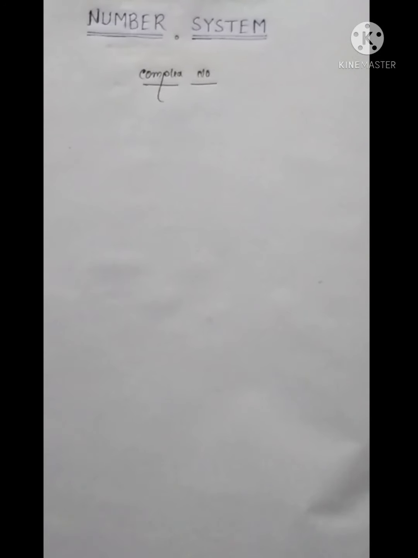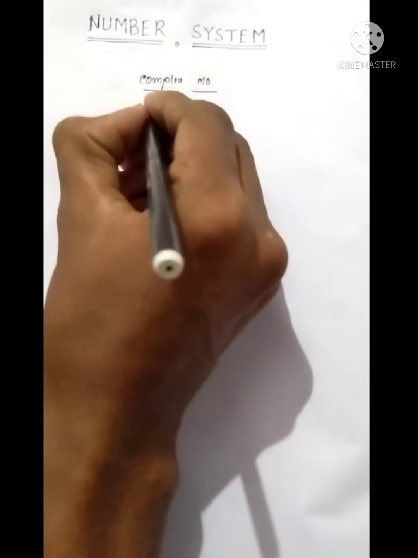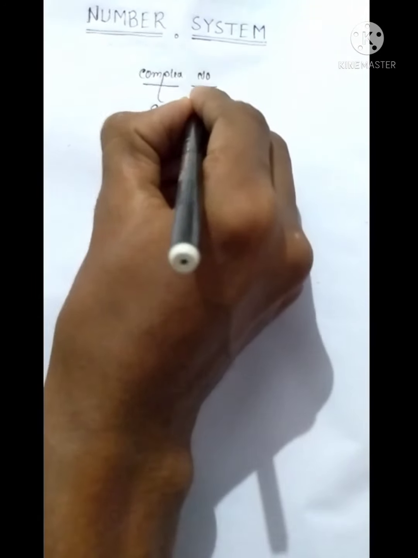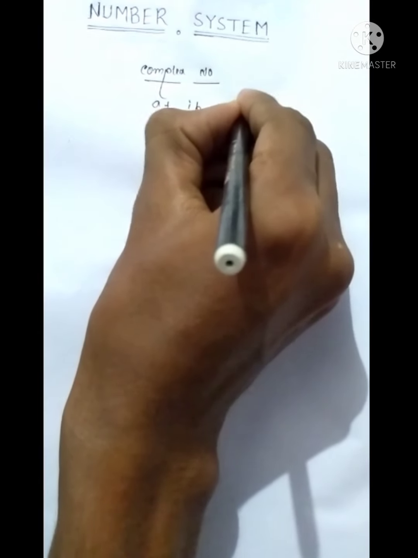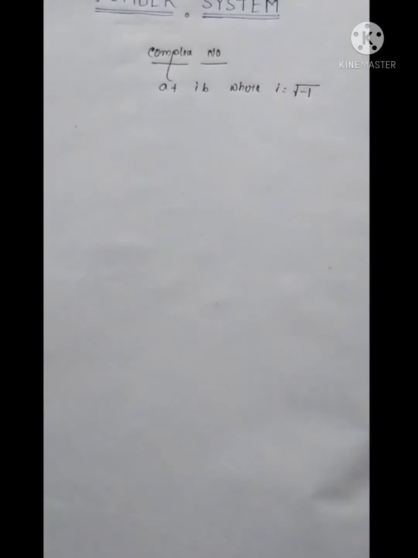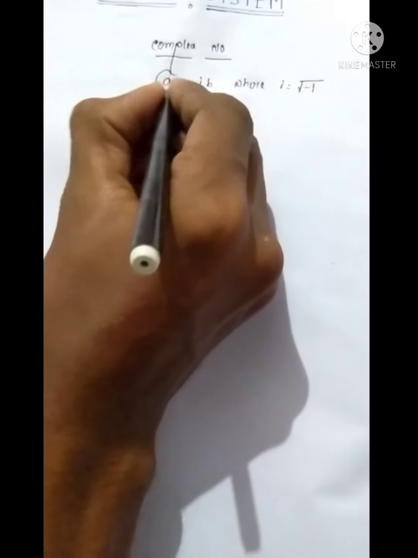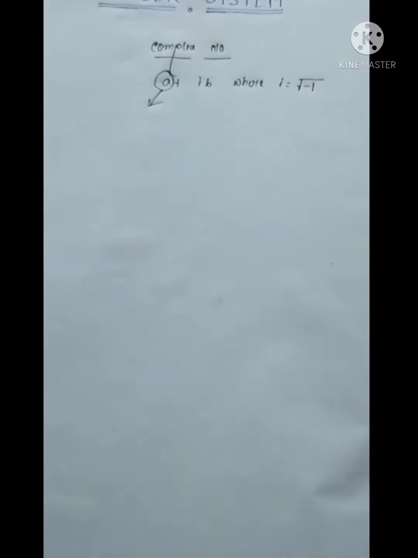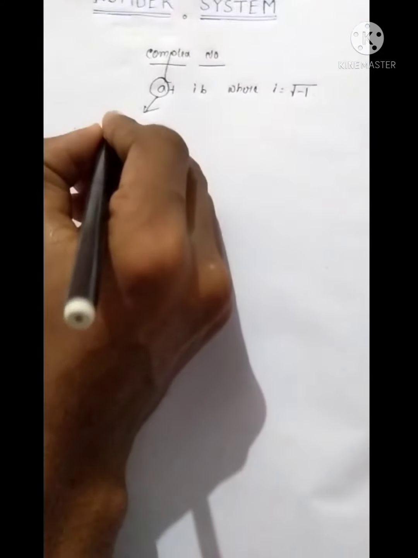If I say a plus ib, where i is equal to root over -1, here the part a is called real part, and the other one, that means ib, is called imaginary part.